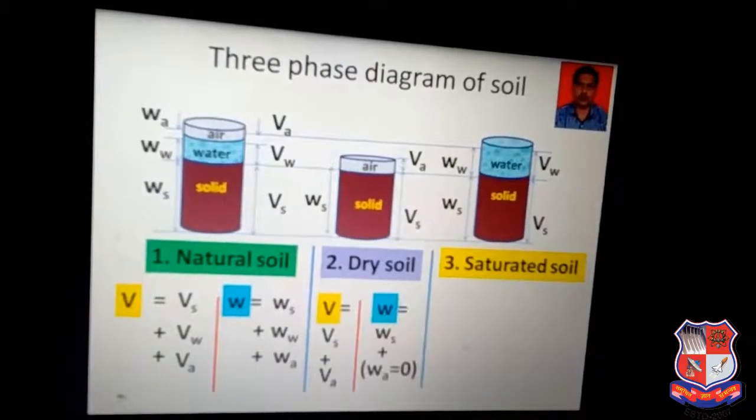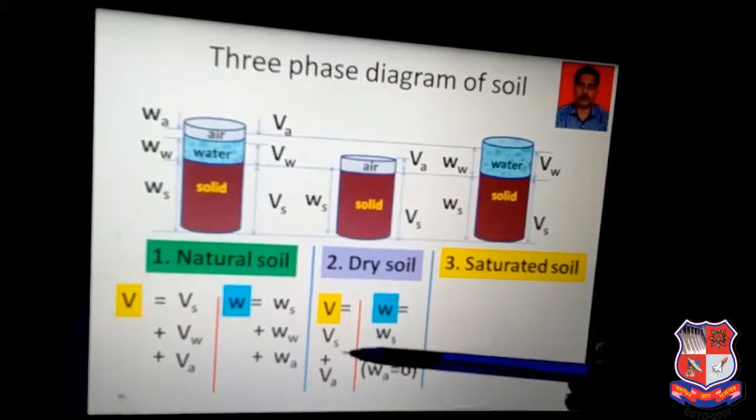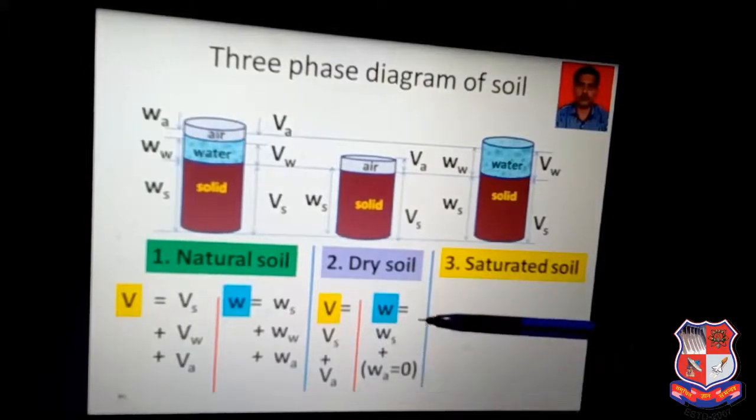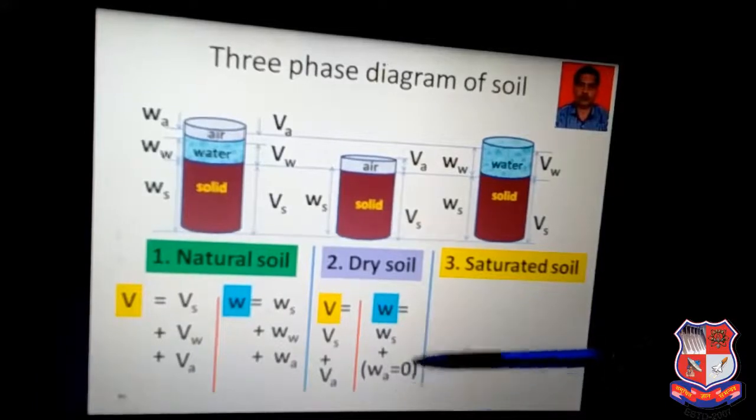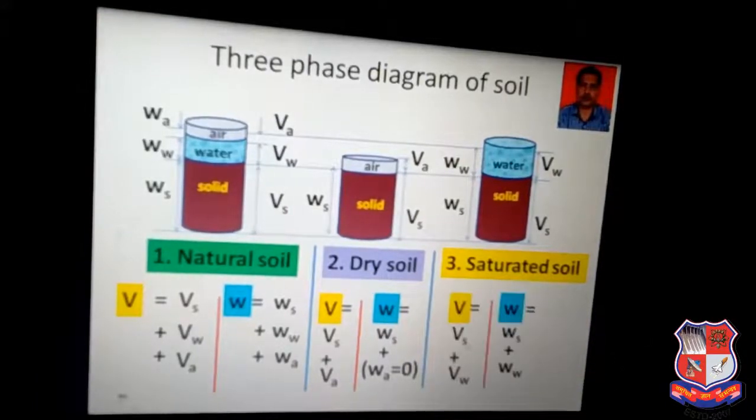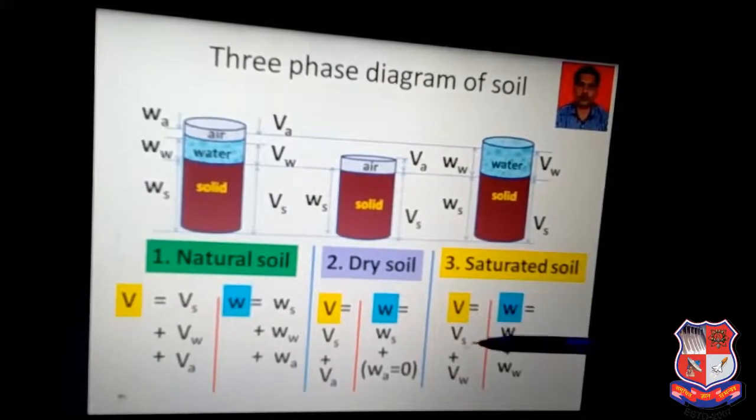In dry soil, the total volume is equal to Vs plus Va, and total W equals Ws plus Wa, where Wa is 0. In saturated soil, the total volume V equals Vs plus Vw, and total wet weight W equals Ws plus Ww. So by using these simple equations, we can find out total volume and total weight.